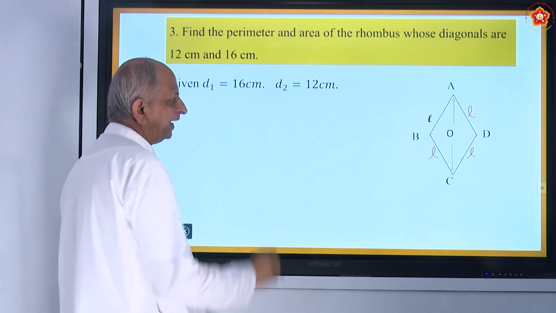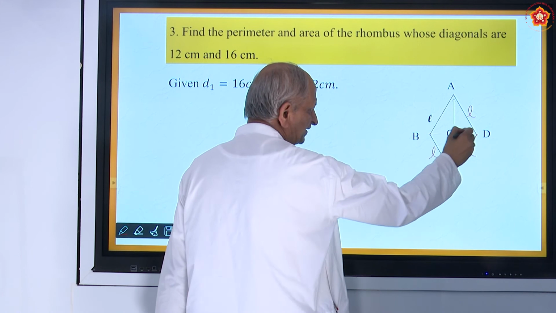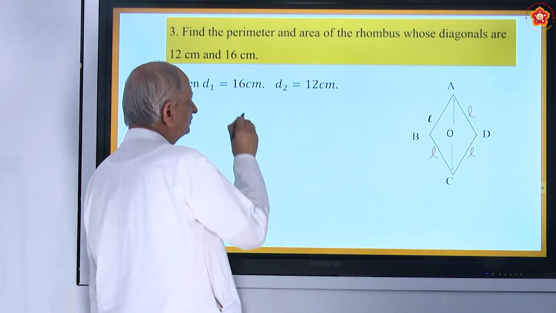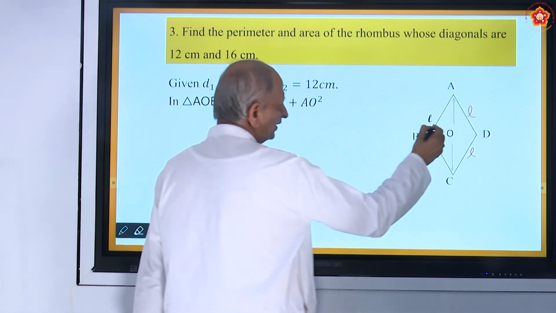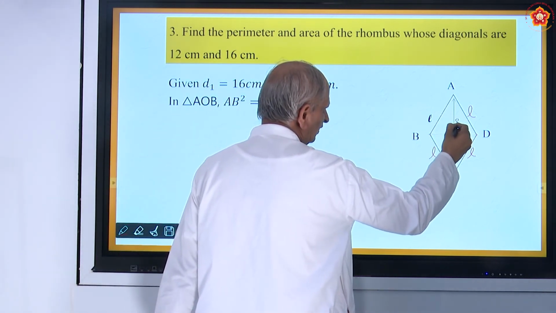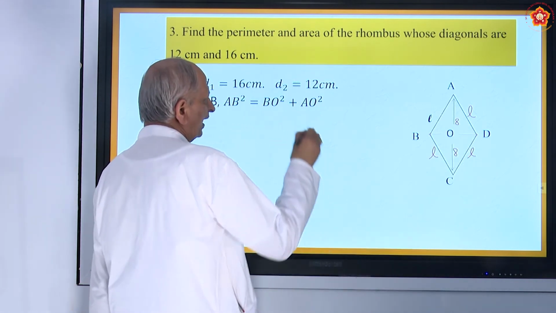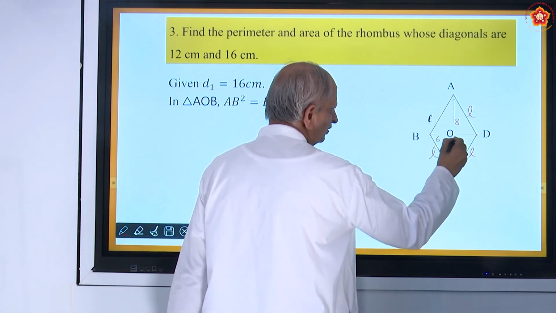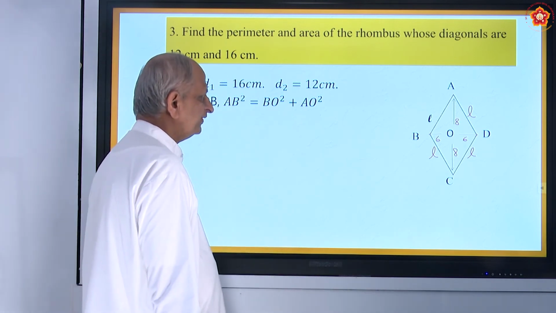They are given two diagonals. For a rhombus there will be two diagonals which bisect at right angles. So bisect means the two parts will be equal. That is, 16 by 2 becomes 8, and the other diagonal is 12, so the half becomes 6 and 6.